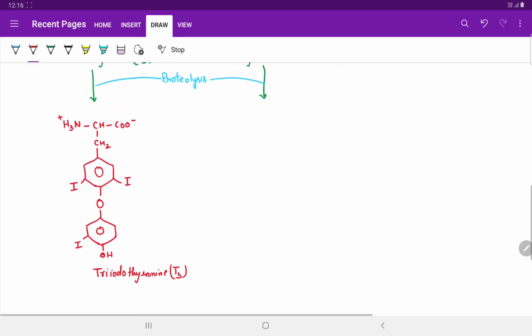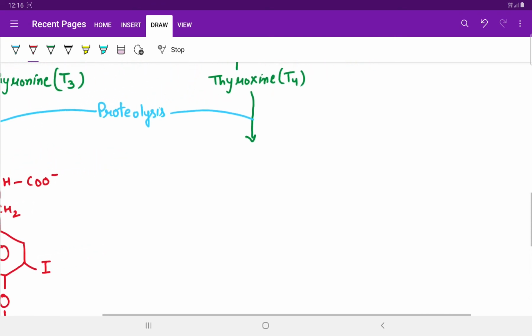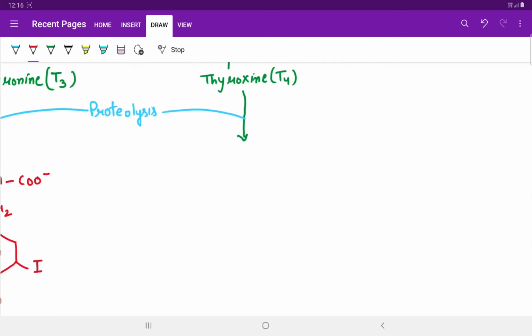You can see here this is the structure of triiodothyronine. Now let us draw the structure of thyroxine molecule. This is tetraiodothyronine, so one iodine will be extra in this, compared to the T3 hormone.